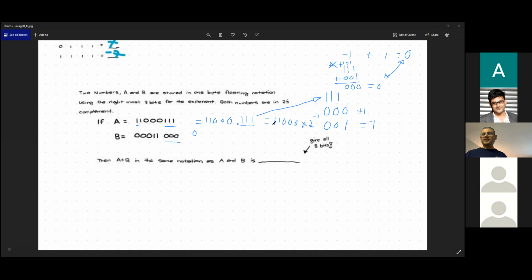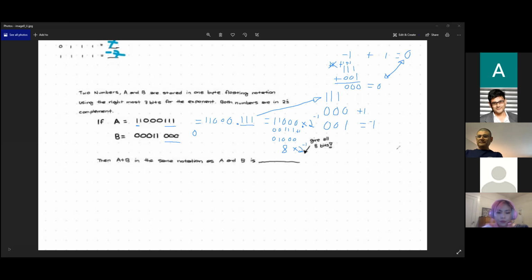I'm going to invert and add 1, and I get 01000, correct? And so that's going to be 1, 2, 4, 8. That's going to be 8. So your number is 8 times 2 to the -1, right?